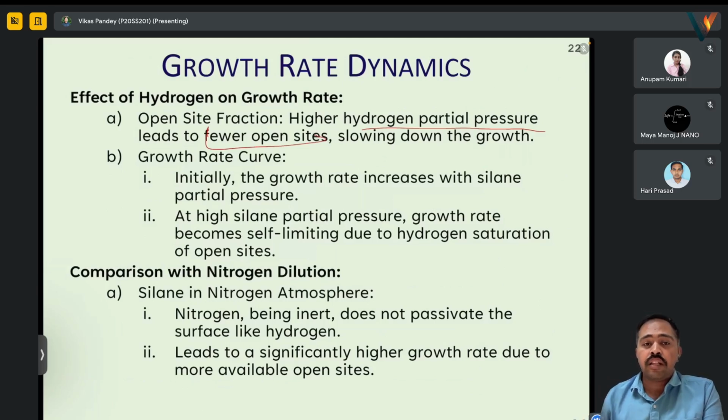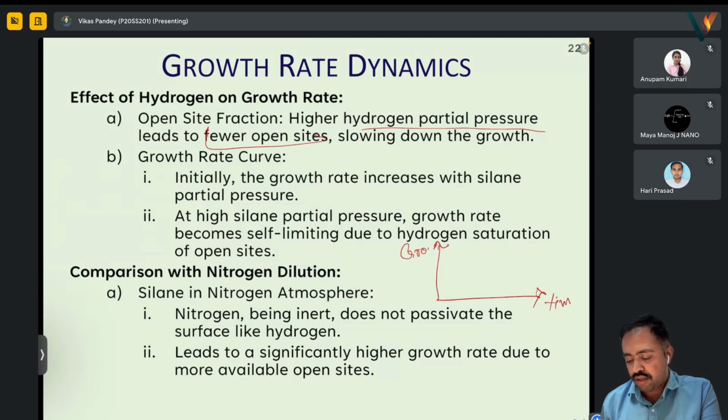So initially, if we plot time and growth rate, as silane is being pumped into the chamber, the growth rate will increase.